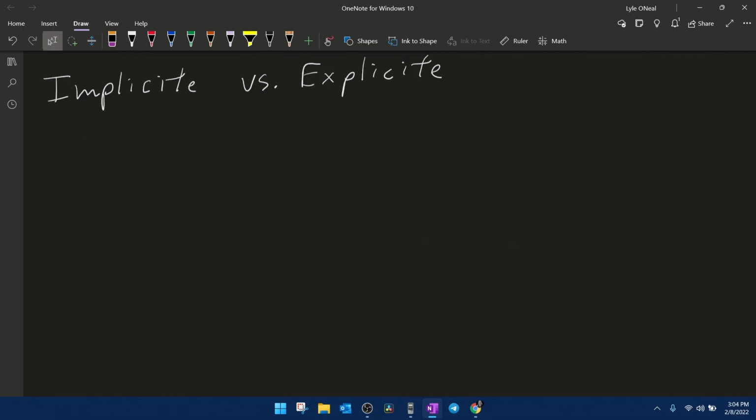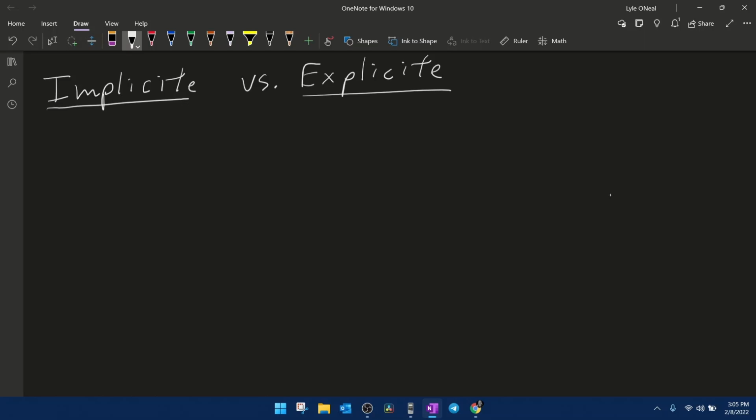The next thing the text touches on is the difference between the implicit form of a function and the explicit form of a function. The easiest way I can describe this is the implicit form of a function does not have y by itself. The explicit form does have y by itself.